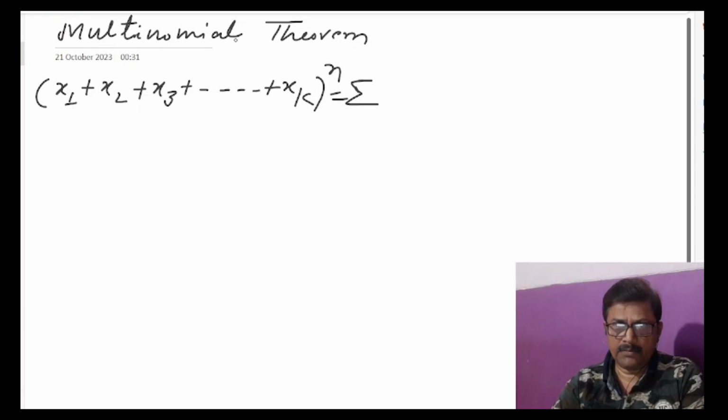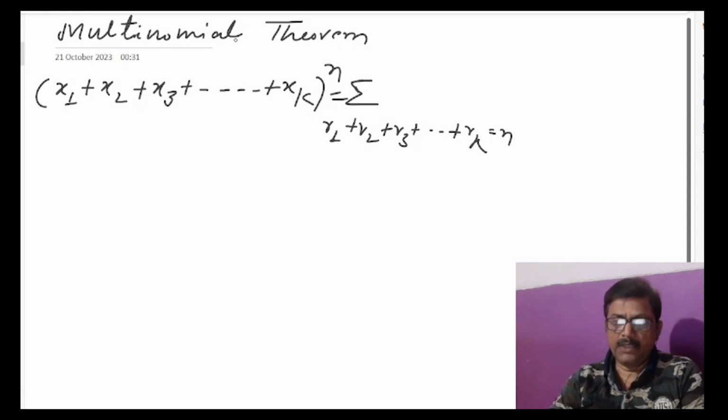sigma r1 plus r2 plus r3 plus dot dot dot plus rk equal to n. Okay, what I wrote?